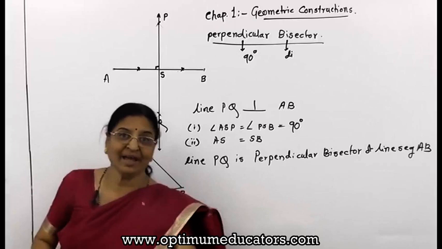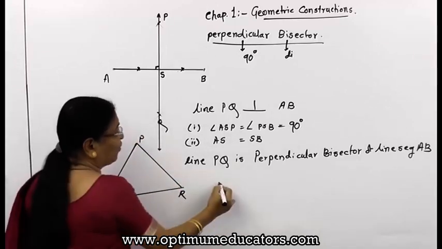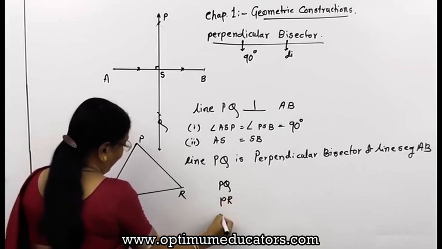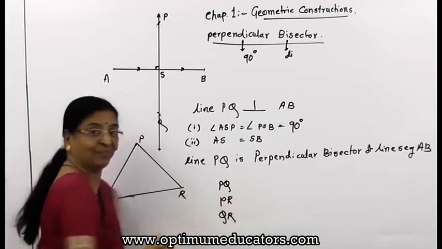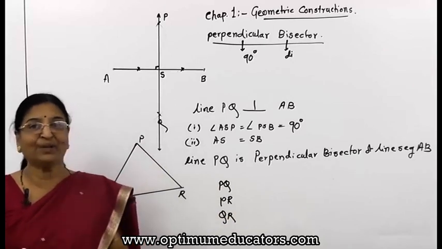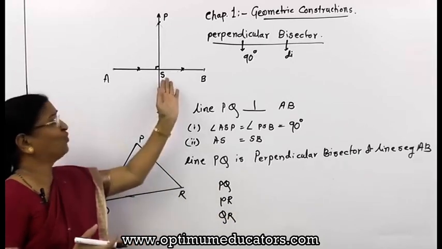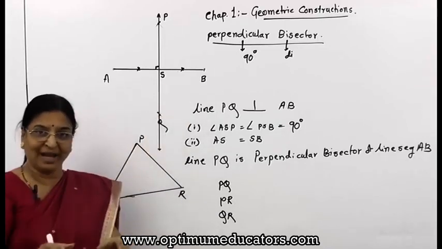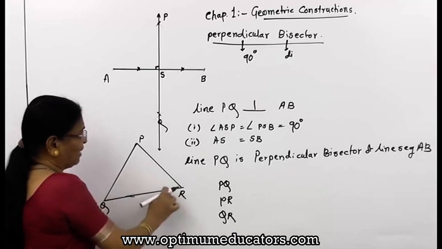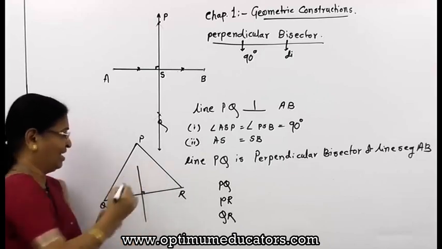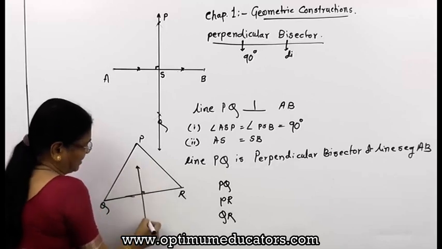How many sides are there? Of course 3. One is PQ, the other one is PR, and the third one is QR. Can you draw a perpendicular bisector for each of these segments? Yes, of course, we know how to draw the perpendicular bisector. So take a compass, draw the perpendicular bisector of this line, and suppose this is the perpendicular bisector.